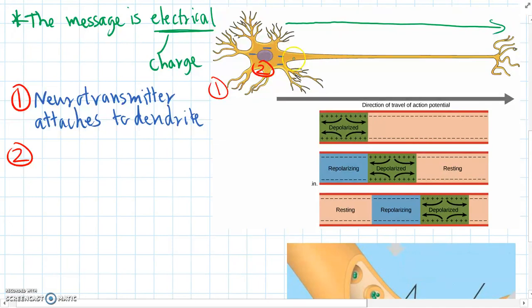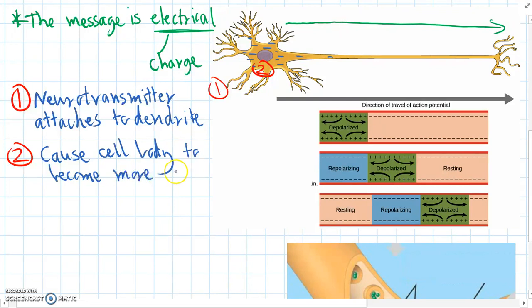You can imagine there are lots of small negative particles, and they're actually ions inside the cell. And when the neurotransmitters attach to the dendrite, they cause the cell body to become more positive. It loses some of that negative charge. So we can imagine it's becoming more positive.